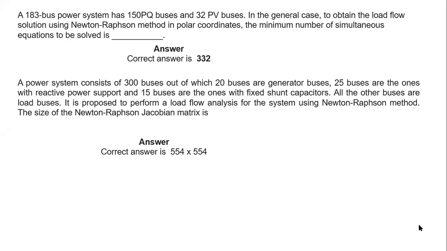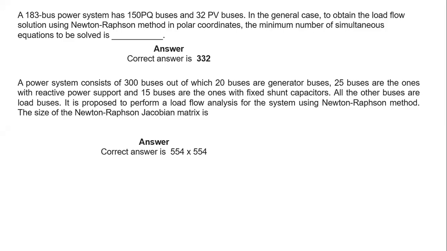Now I am getting it. Shunt capacitor, no, I said it. You cannot use it like that. Shunt capacitor means it is a PQ bus only. I said it. You cannot take it as per your wish. So substitute that in the formula which I gave, that is 2n minus 2 minus m.